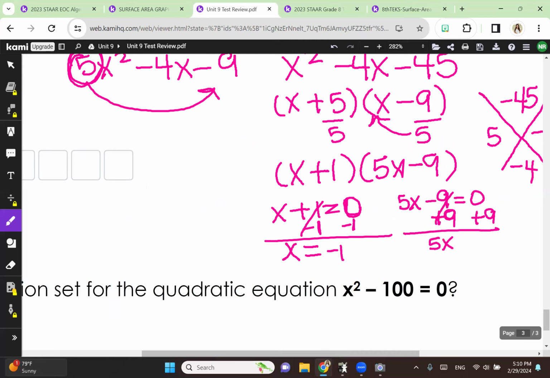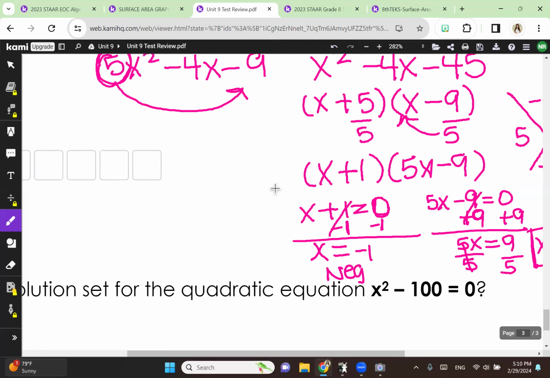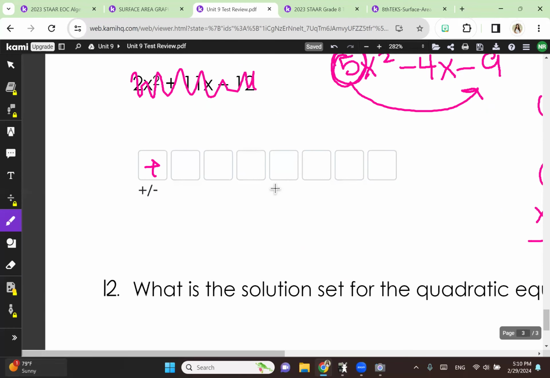You get 5x equals 9, divided by 5. And 9 divided by 5 in decimal form gives you 1.8. So this is the positive solution. This is my negative solution. That's the one that you want to type in, 1.8.